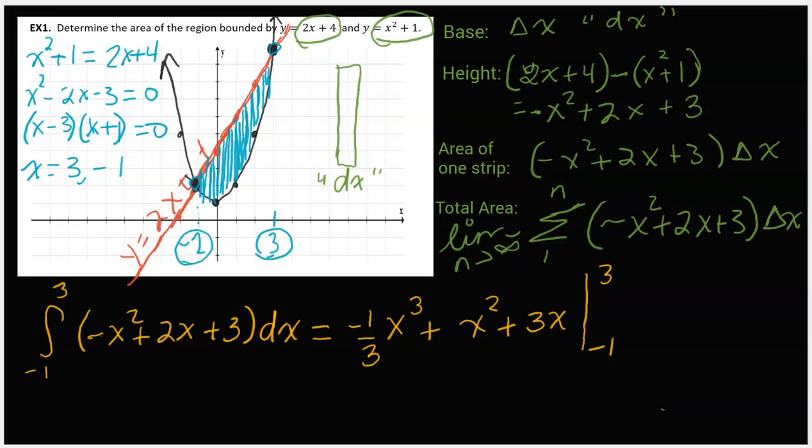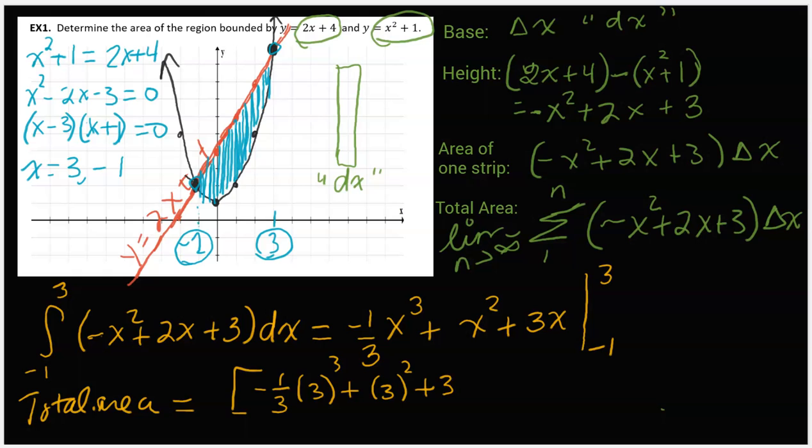When you plug in the 3 and the negative 1 and you subtract, you should get the total area of this shape: negative 1/3 times 3 to the third power, plus 3 squared, plus 3 times 3, and you are subtracting this portion: negative 1/3 times negative 1 cubed, plus negative 1 squared, plus 3 times negative 1.